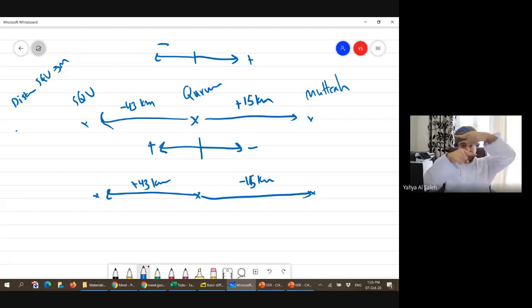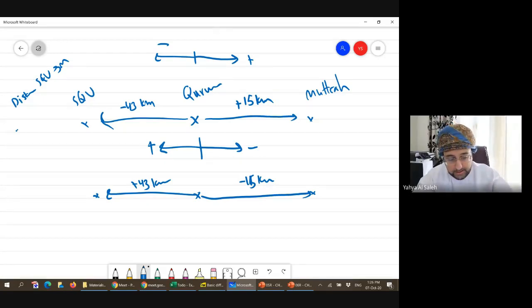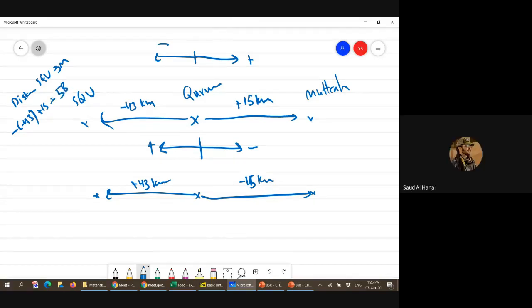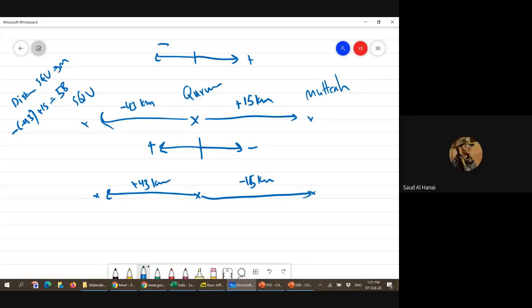So in this direction, what is it going to be? Minus 43, right? Yes. So minus 43 plus 15 is equal to minus 58. Right, with the minus.